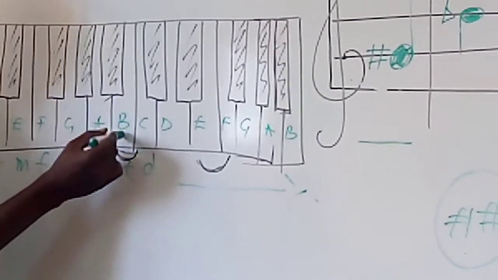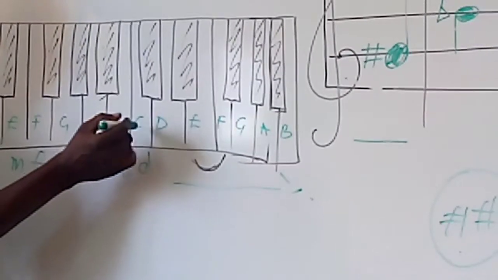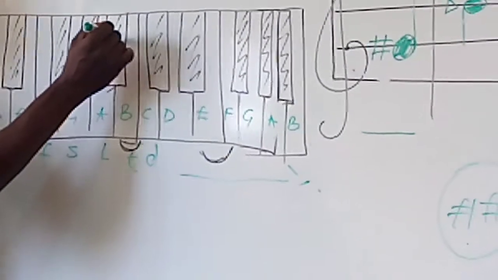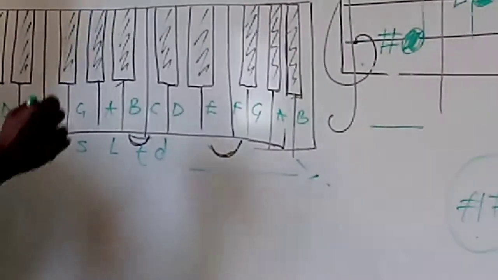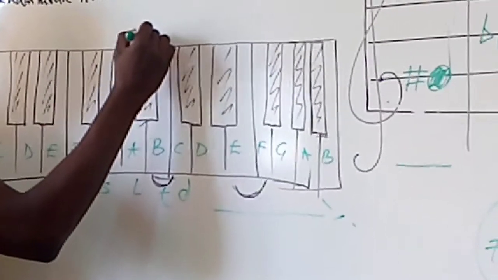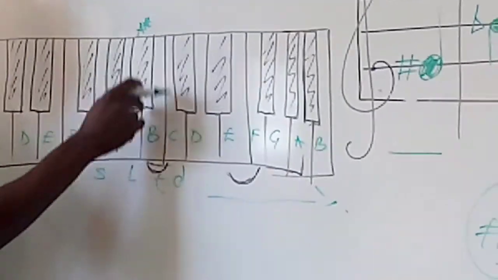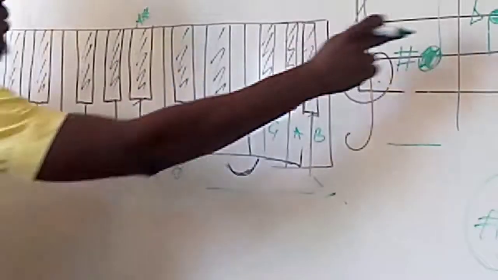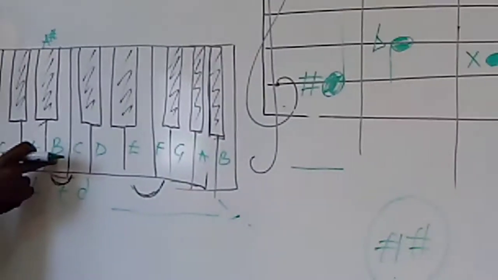Don't play B. The flat sign has reduced this by a semitone. In other words, you have to play the note below it, which is A sharp. So you're not playing B because the flat sign has been placed on it.